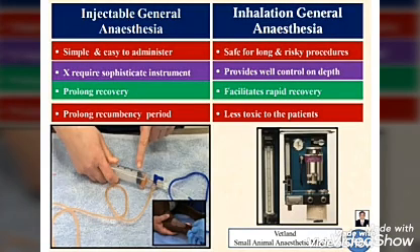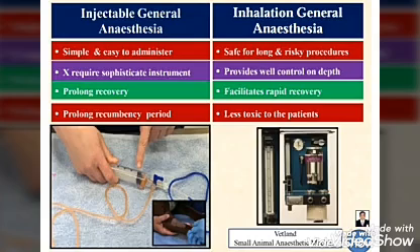So those are the advantages and disadvantages of both techniques, injectable as well as inhalation anesthesia. So what is the solution at the field level? Some limitations at the field level are there, and some disadvantages of these techniques are there.